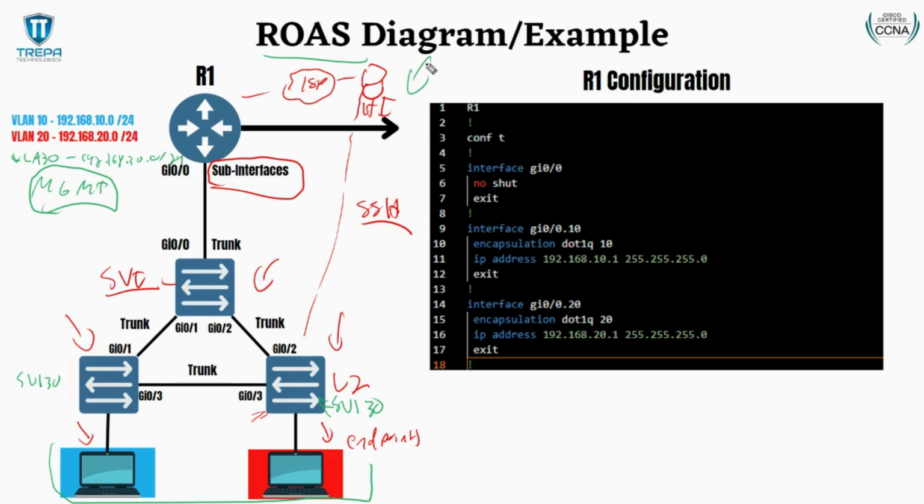Now, during the Router on a Stick lab, I see it all the time. For some reason, all my students, especially in my in-person or virtual live courses, when I see them start to configure their Router on a Stick lab, they start putting interface VLAN 10 and 20 on every single switch.